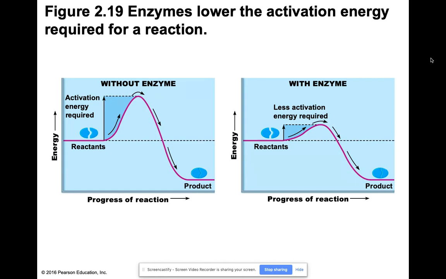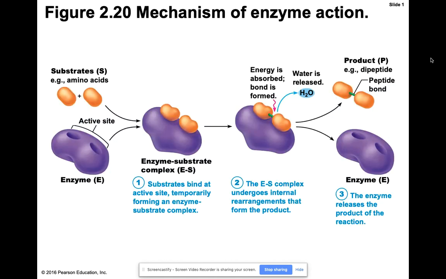Like imagine climbing Mount Everest versus walking over a speed bump. So it's going to happen a lot faster, yet the reactants and the products are identical. You're not changing the input or the outcome. All you're doing is changing the energy that has to be built up and stored before you can actually start the reaction.